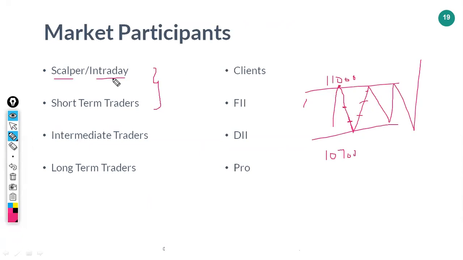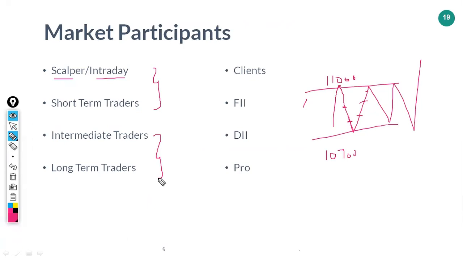Whenever you do a transaction, 80% of the time it will be with them, and they dominate the market most of the time.